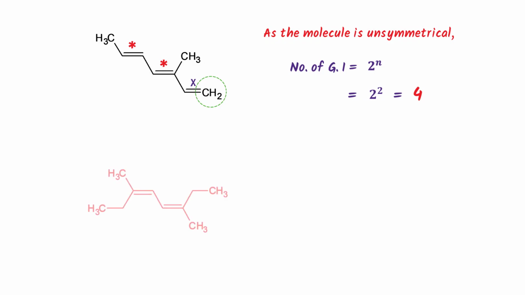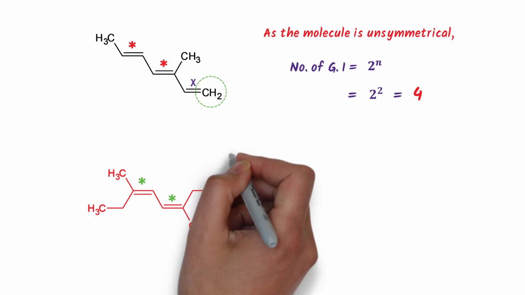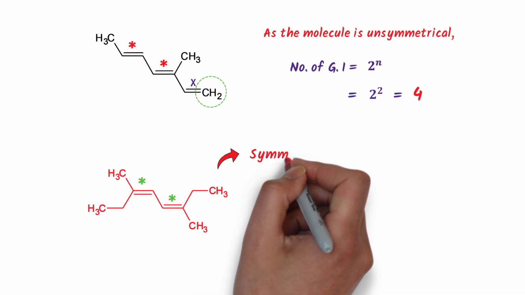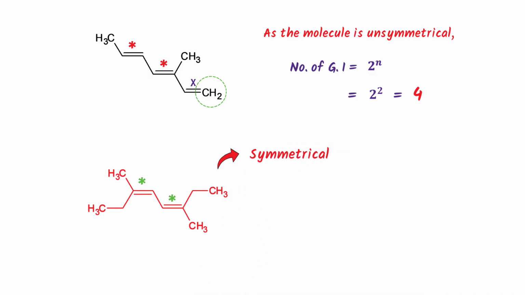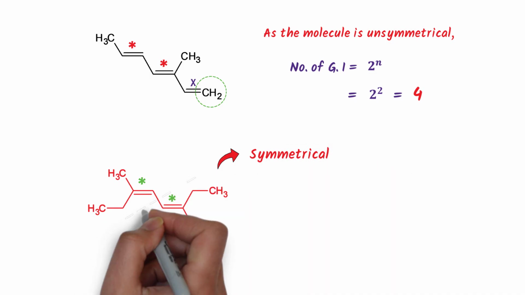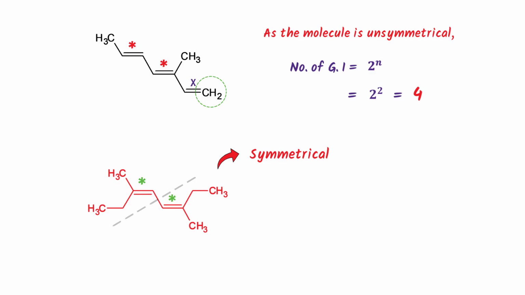In the next example, as you see, there are 2 double bonds. So you expect there can be 2 stereocenters in that molecule, and it is because each restricted carbon does contain 2 different groups attached, and moreover the molecule is symmetrical. As you can see, one half is the same as the other half.